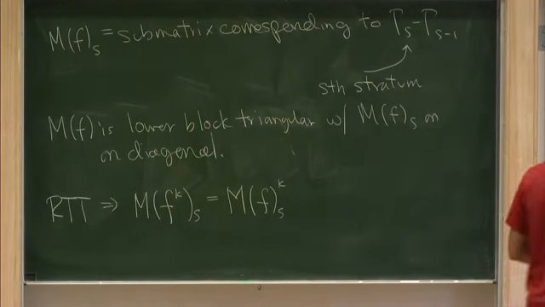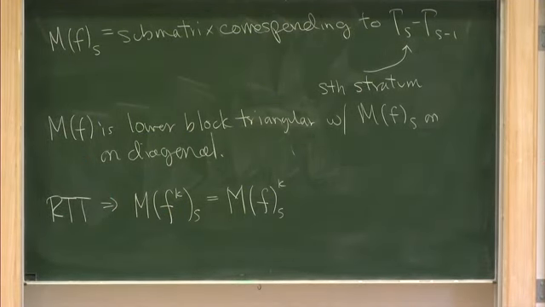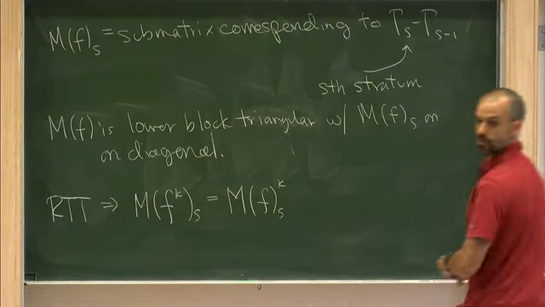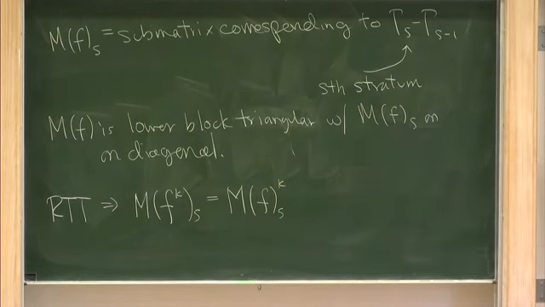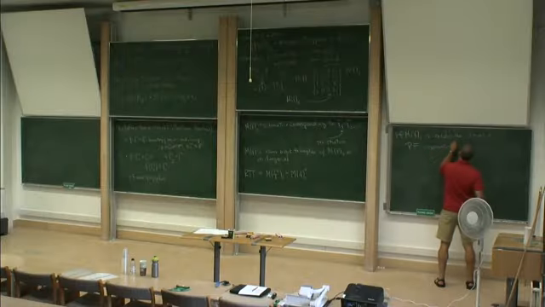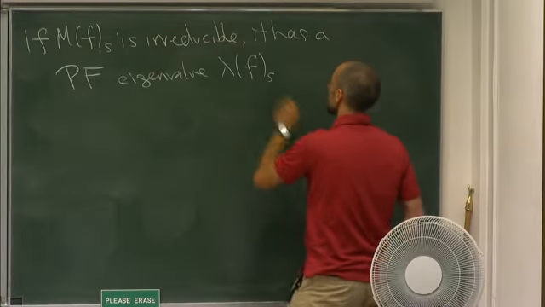Okay, so you can always enlarge your filtration so that these submatrices are either irreducible or the zero matrix. And in the case that they're irreducible, they have a Perron-Frobenius eigenvalue, which we'll denote lambda f sub s.